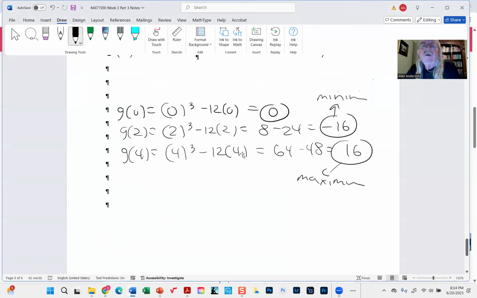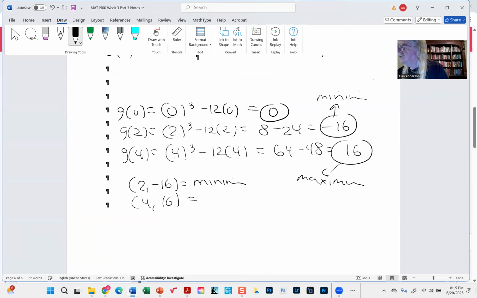So the point 2, -16 is the minimum, and 4, 16 is the maximum, relative maximum.